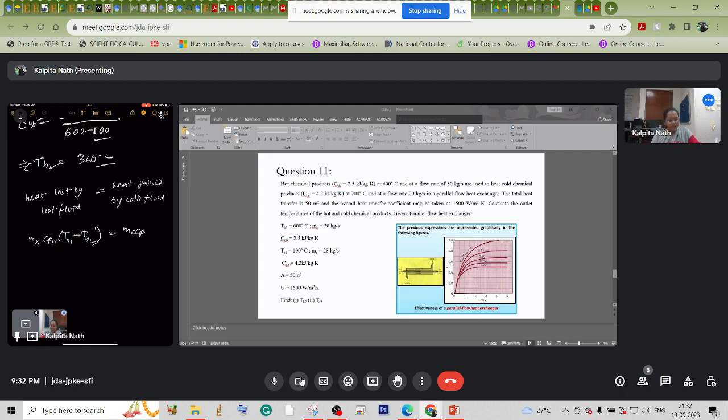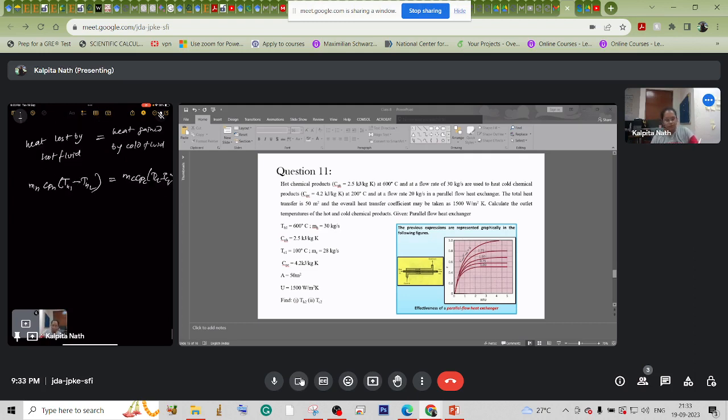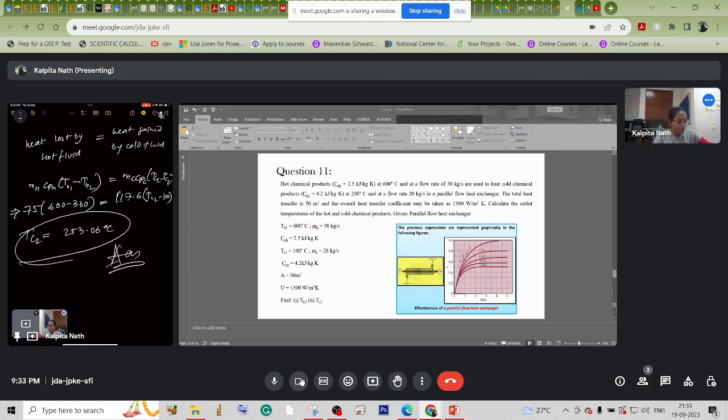This is MC CPC (TC2 minus TC1). This is 75 into (600 minus 360) is equal to 117.6 into (TC2 minus 100). So from here TC2 will come out to be 253.06 degrees Celsius. So this is the answer of this question, is all that has been asked.